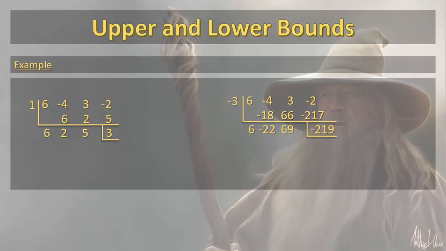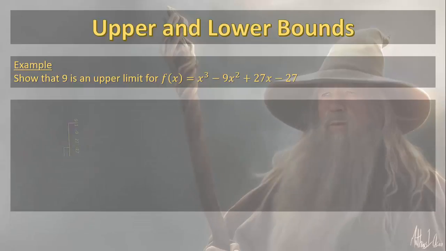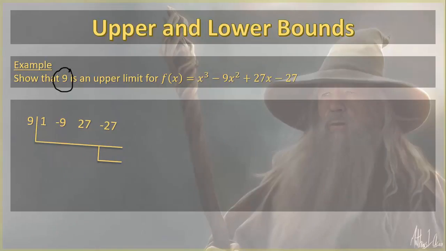All right? Now, that's how you use it in a problem. If you're trying to find zeros, you may get problems that just say, hey, show that 9 is an upper limit of this function. All right, piece of cake. You don't even have to find the zeros for it. All you're going to do is synthetically divide, and if the bottom row, now keep in mind, we're dividing by a positive. We want to show that it's an upper limit. A negative can't give you an upper limit, just so you know.